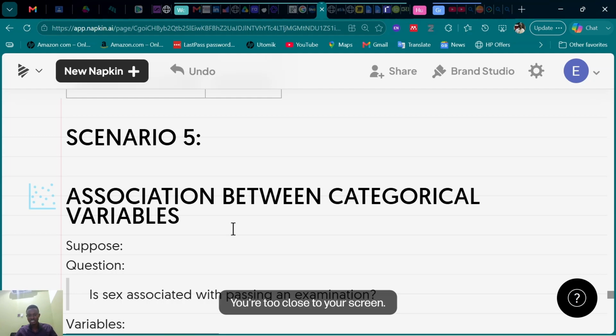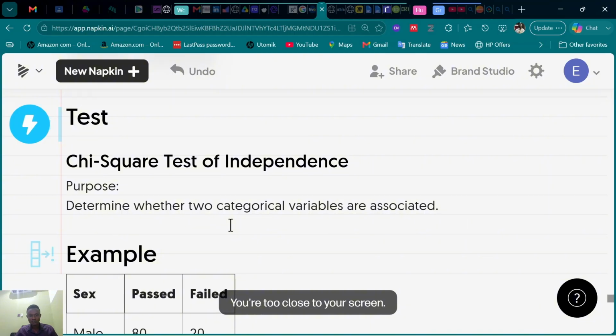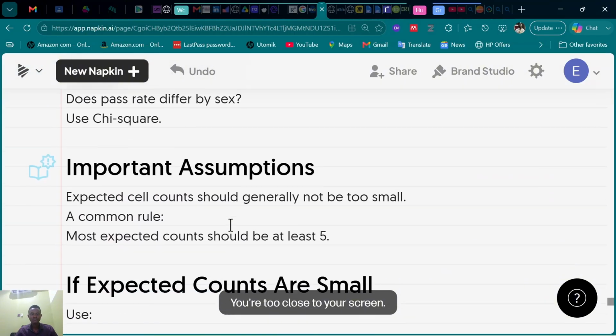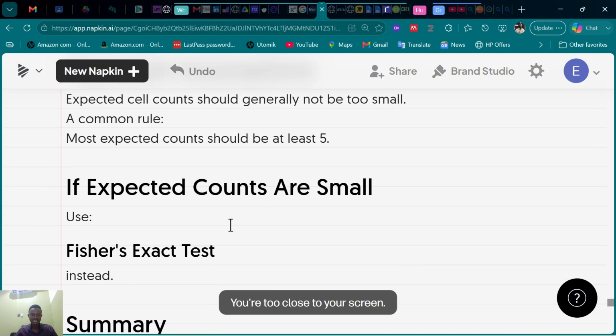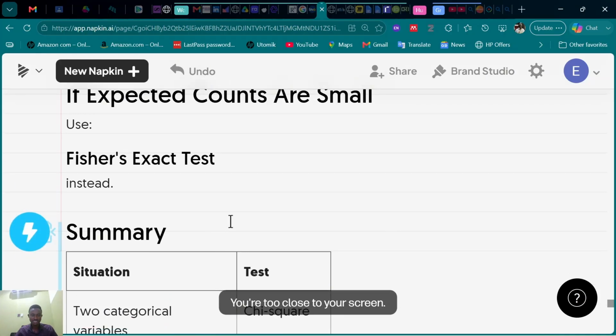These are both categorical variables, and what you would use is the chi-square test if it is parametric data you are looking at. If not, what do you use? You use Fisher's exact test. All right, Fisher's exact test.